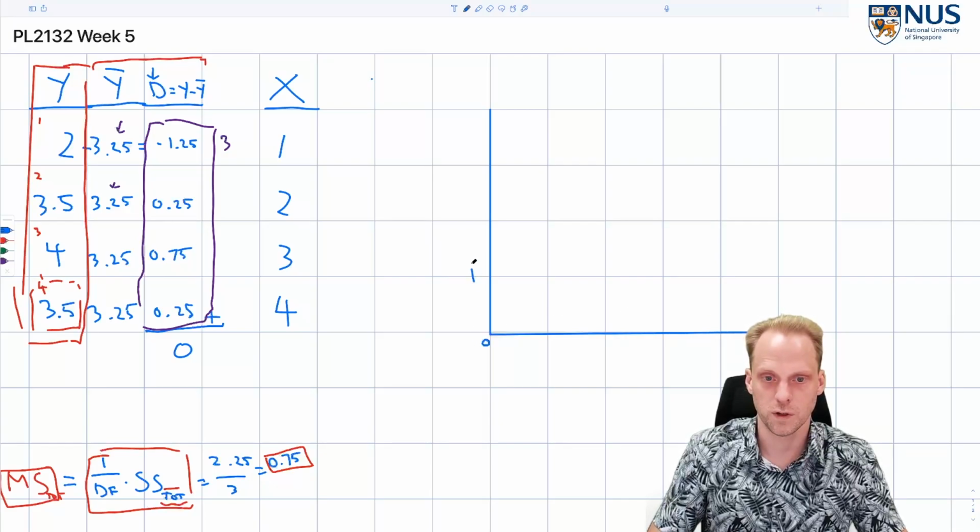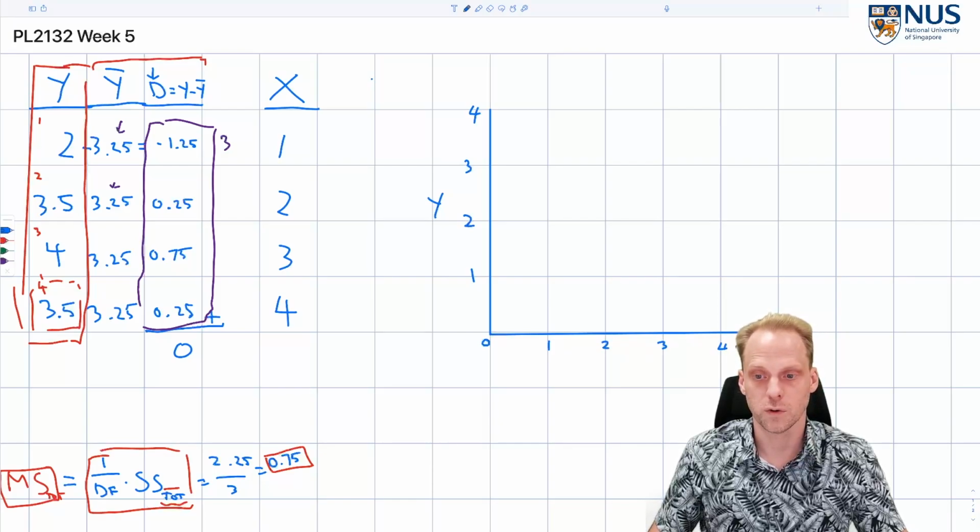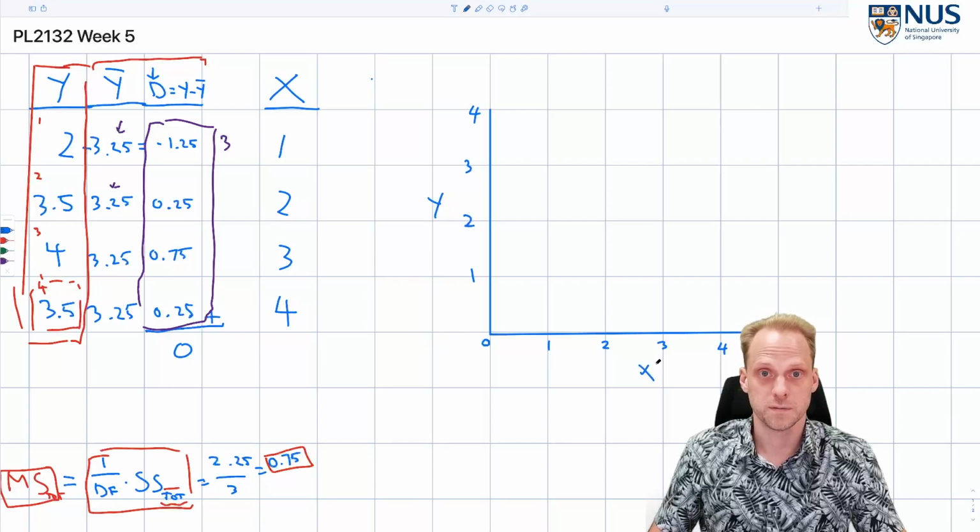Zero, 1, 2, 3, 4 for the y-axis, and 0, 1, 2, 3, 4, 5 for the x-axis. Now which points do we have? For x equals 1, we have the point at 2 here.